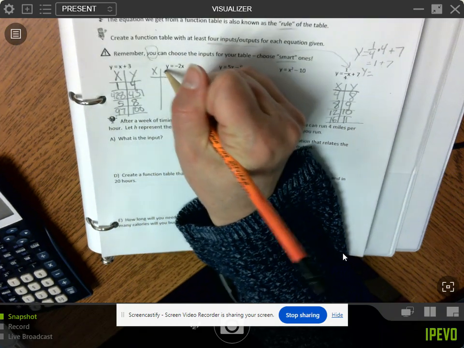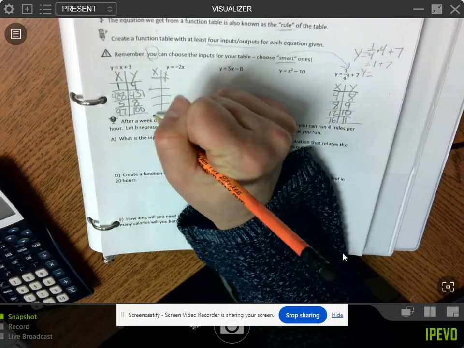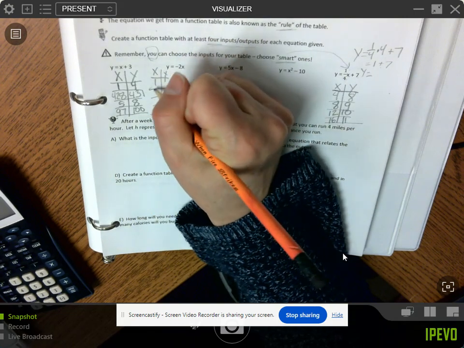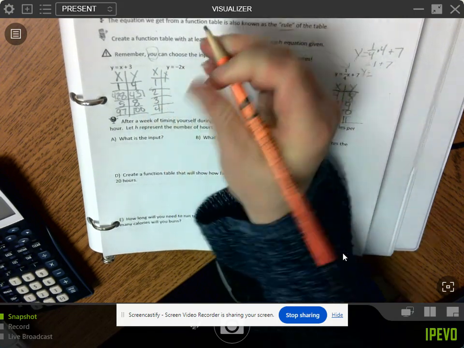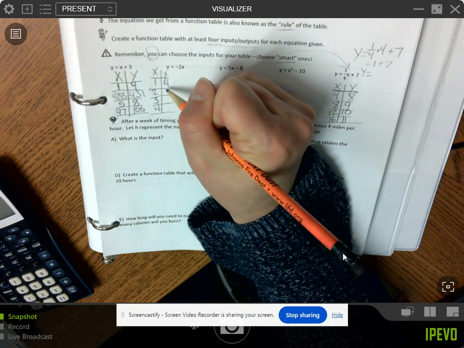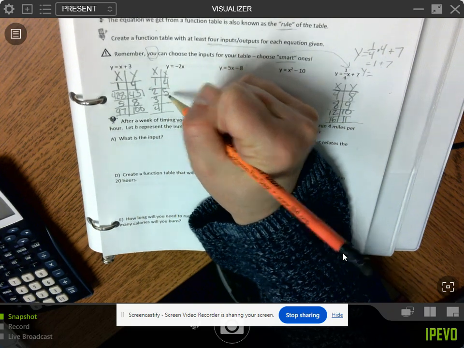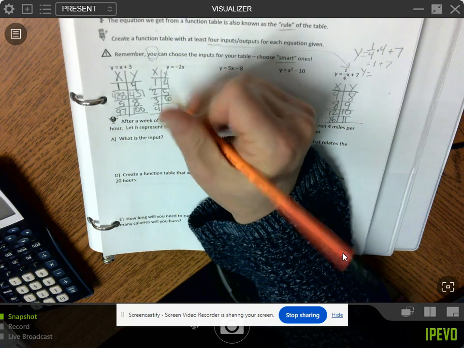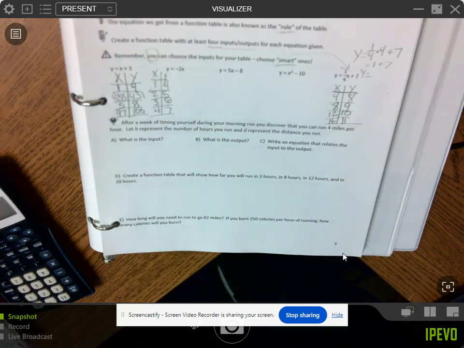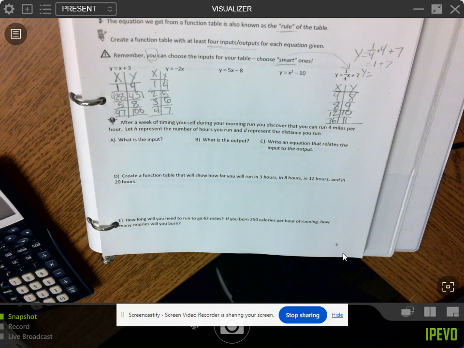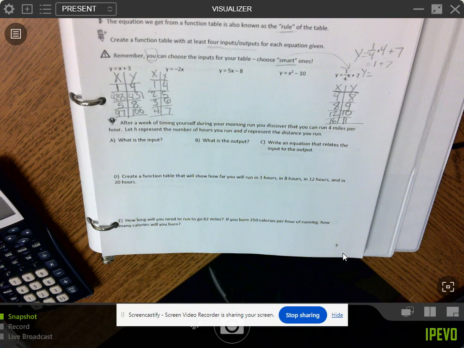If I went and said, okay, I'm going to go in order, and I'm going to put a 1, 2, 3, 4 in, and then I go up, I get 5, I get 6, I get 7. Is that easier to see a pattern? Yeah. It's easier to check to make sure that you're not making one of those simple math mistakes. So when I do it personally, I like to go in numbers that go in order because I don't want to make a simple mistake, and it's a way of double checking.